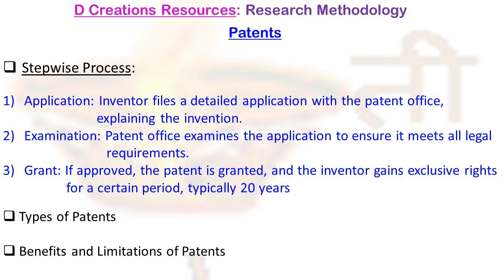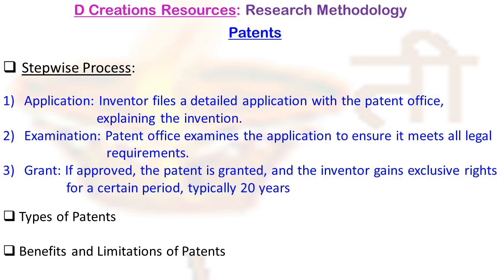Of course, a patent doesn't come for free. You need to pay a substantial amount of patent fees to whatever patent office where you are applying for the patent. Now, once you have submitted your application, the patent office will review your application, and sometimes they may even ask you for some additional information or amendments which you need to provide.